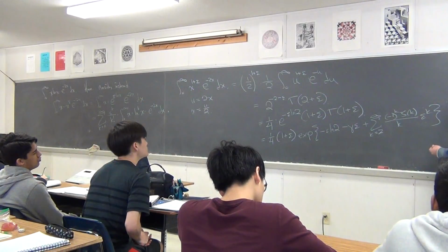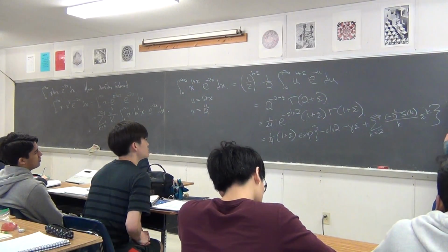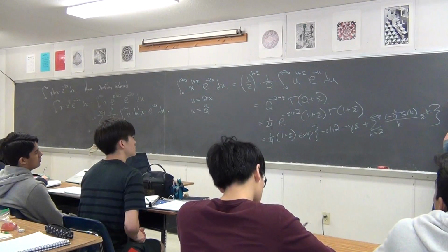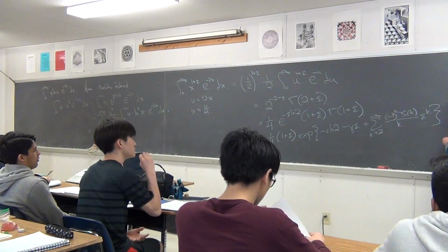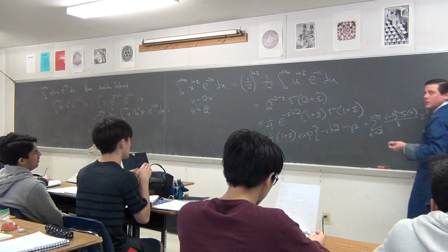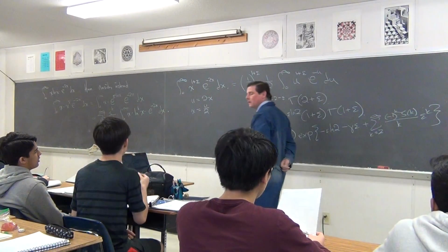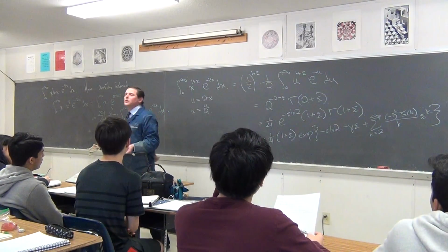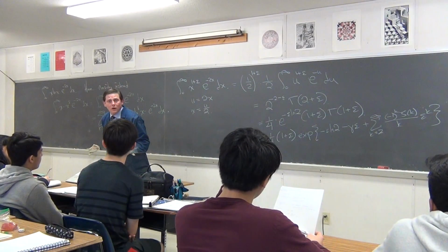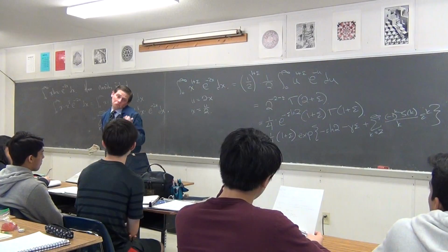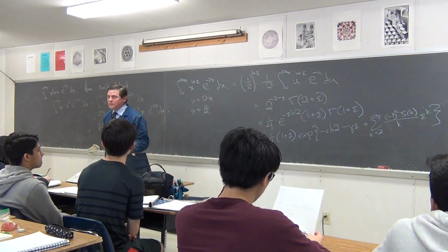All right, now what would you say as far as our integral is concerned? What would you say about the behavior of these contributions? They can't contribute. Why not? That's right, because they only contribute at order epsilon squared and higher. And I'm not interested in that. Does that make sense?